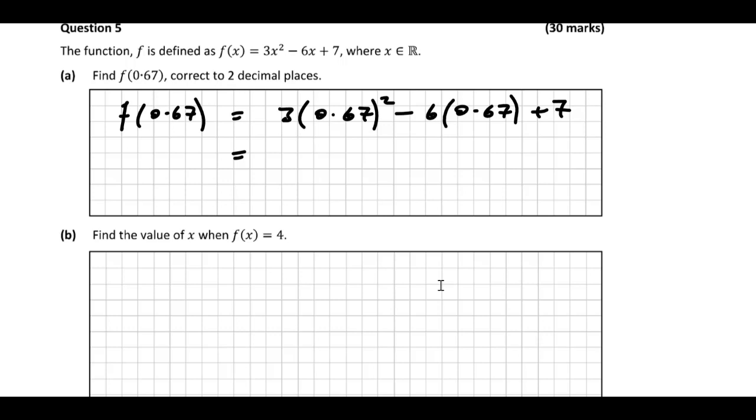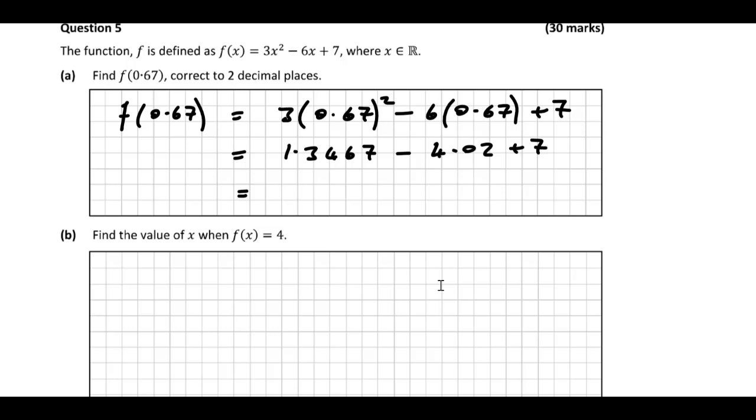And that gives you 1.3467. Now multiply 6 by 0.67. That is 4.02. And then add the 7. So just do all of that then.